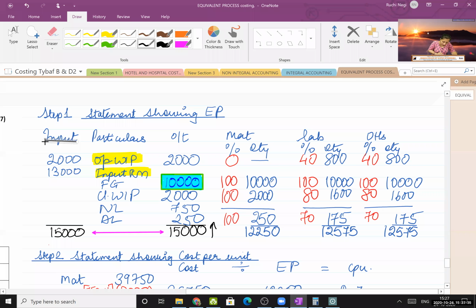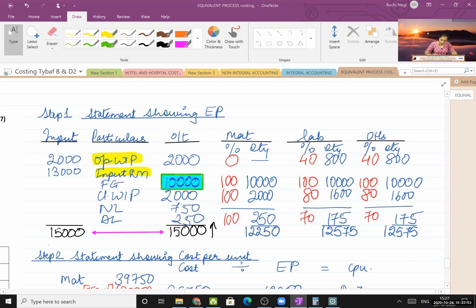I generally forget to underline. I should underline also. So step two is also done.